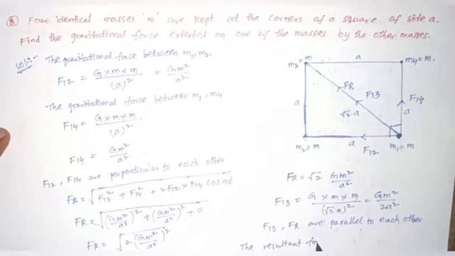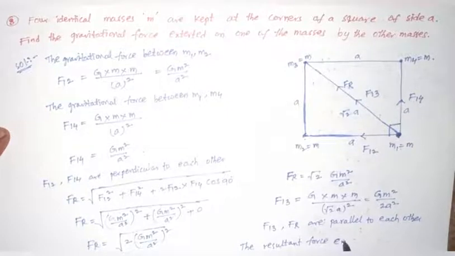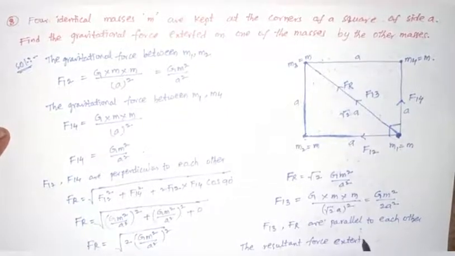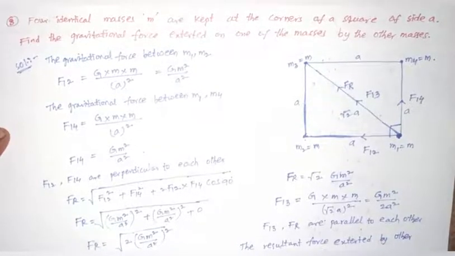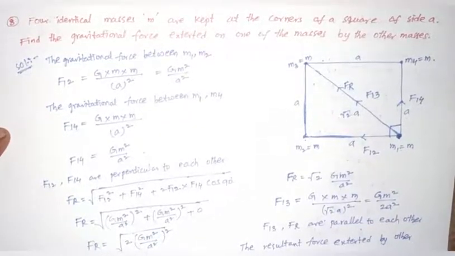The resultant force exerted by the other masses equals Fr plus F13.